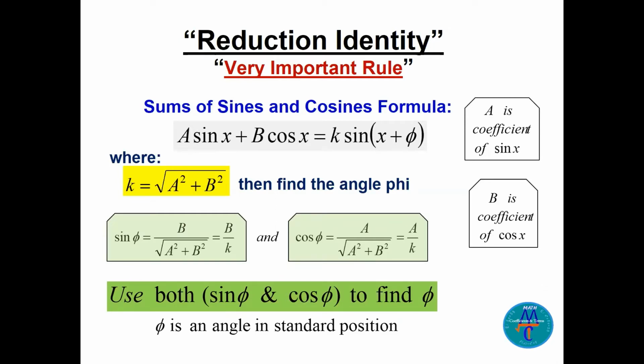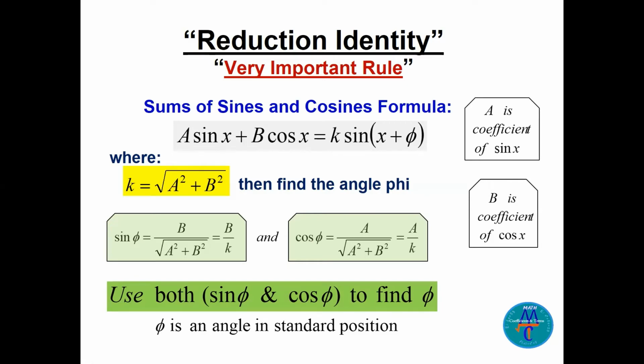Just try to understand that if you have some expression like a sine of x plus b cosine of x, you can write it as k sine (x plus phi). Now, what is the idea here? You have addition or subtraction of sines and cosines.